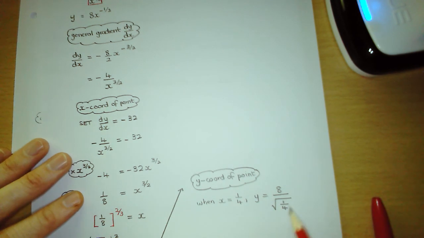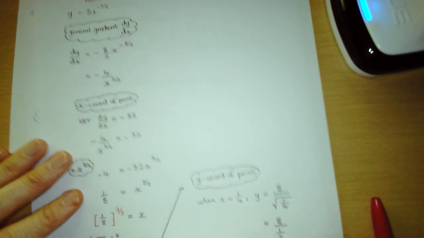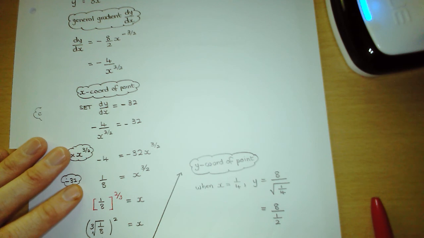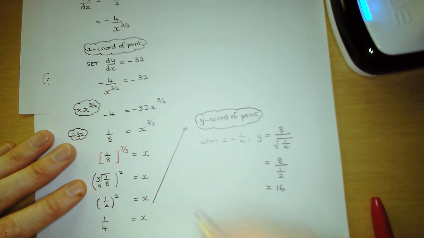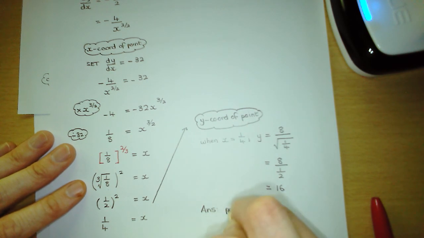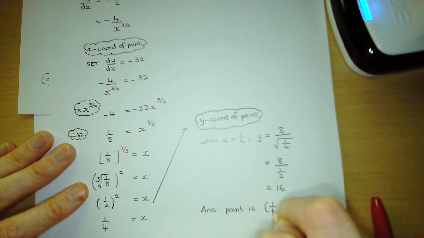Now, this square root there's only a positive before it, there's no negative here, so this is only the positive square root. So you take the positive square root of 1/4, you're just going to get 1/2. So that's going to give us 8 over 1/2. And then 8 divided by 1/2 is the same as 8 multiplied by 2, so that's going to give you 16. So there's the y coordinate of the point. So the final answer, the point is (1/4, 16).